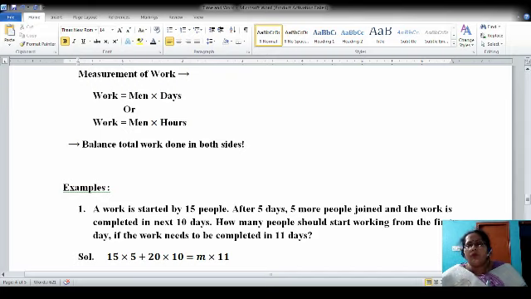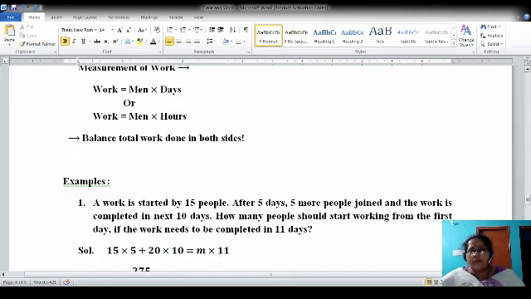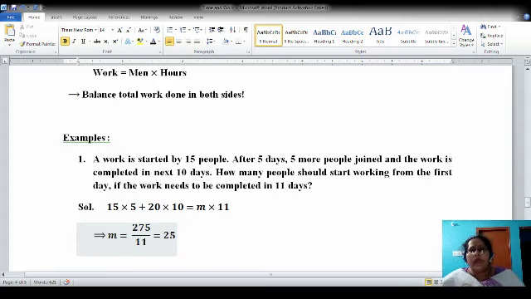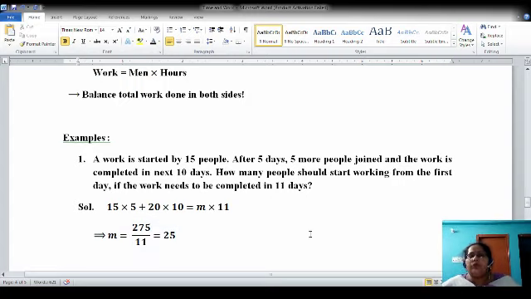So now the number of people is M and the time is 11 days. So we have an equation like this, balancing the total work done on both sides, and it's very easy to solve. M comes as 75 plus 200, so 275 by 11, so 25. That means if we want to complete the work in 11 days in a uniform manner, then from the first day 25 people should start working.